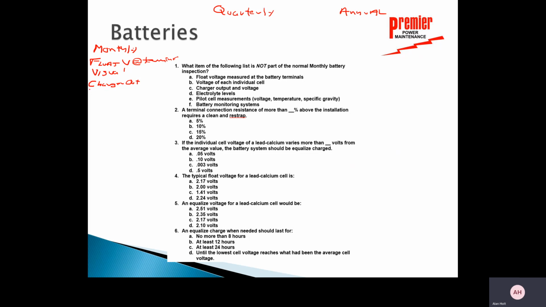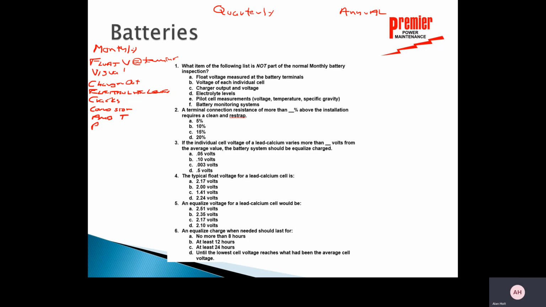Check the electrolyte levels in each one of the cells, obviously. Check for cracks in the cells. I would check for corrosion on the battery itself and all connections. I would take the ambient temperature. Check for ventilation too to make sure it's there.